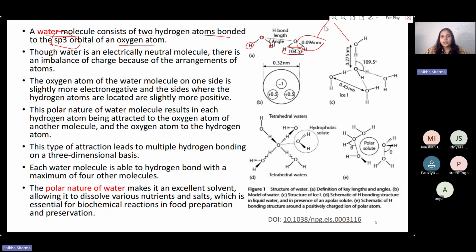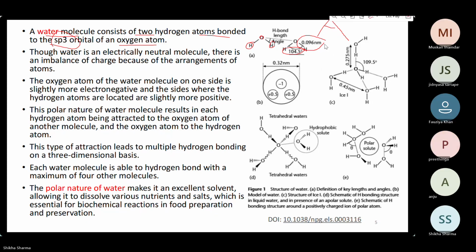This V shape is because of the polar nature of the water molecule. Oxygen has a partial negative charge, and H has a partial positive charge. So overall it forms a polar molecule.